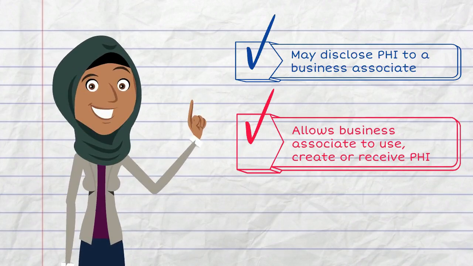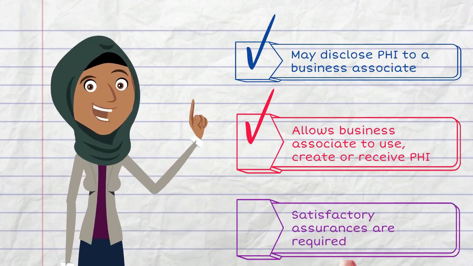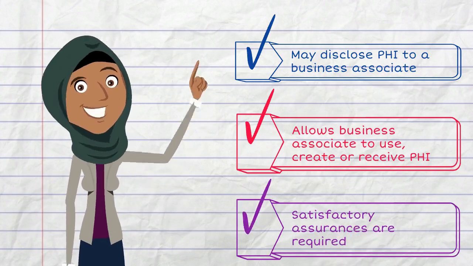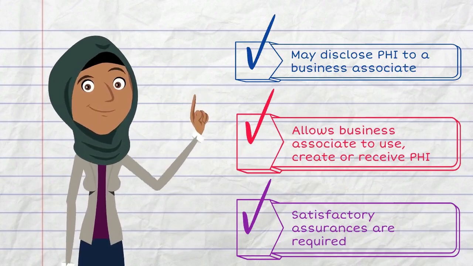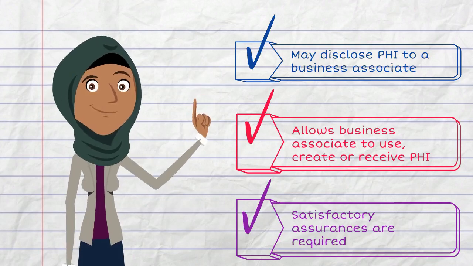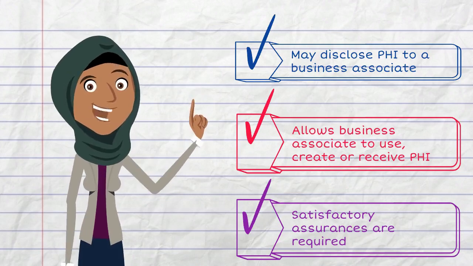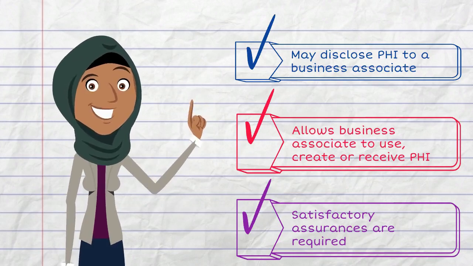Before the covered entity discloses the PHI to the business associate, the covered entity must obtain satisfactory assurances, generally in the form of a BAA, that the business associate will appropriately safeguard the information. With a few limited exceptions, the BAA may not authorize the business associate to use or further disclose the PHI in a manner that would violate the privacy rule if the use or disclosure were done directly by the covered entity.